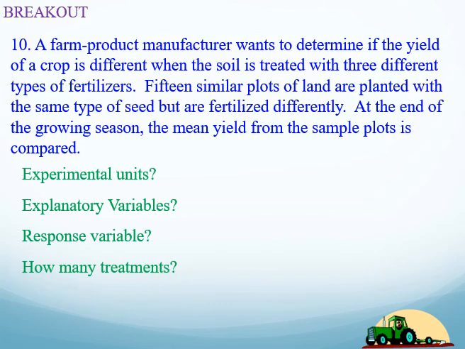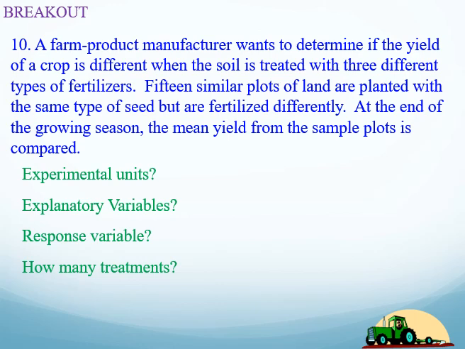Okay, so let's read through. A farm product manufacturer wants to determine if the yield of a crop is different when the soil is treated with 3 different types of fertilizer. 15 similar plots of land are planted with the same type of seed, but are fertilized differently.